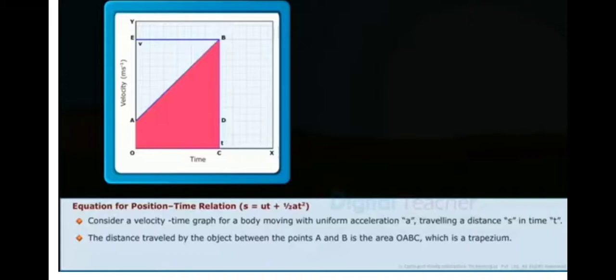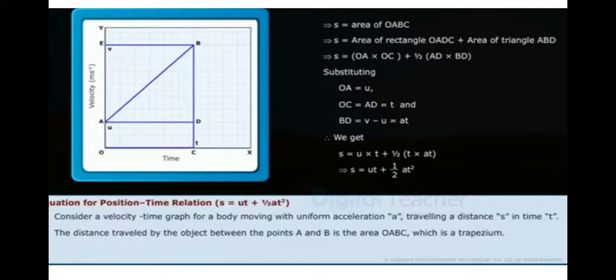That implies s is equal to area OABC, which is equal to area of rectangle OADC and area of triangle ABD. That implies s is equal to OA into OC plus half AD into BD.